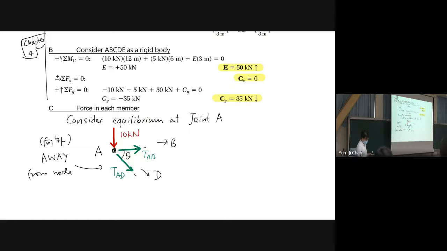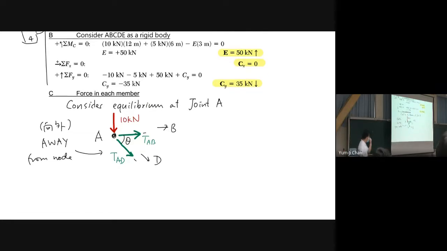Now we have the free body diagram of node A, and how many equations can we write from here? Summation F equal to 0, because it cannot rotate, so we don't have the moment one.